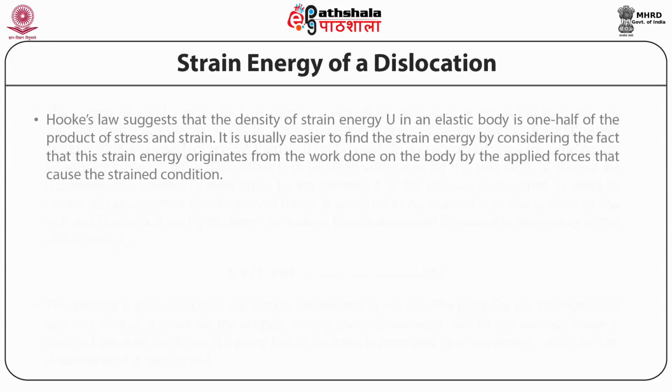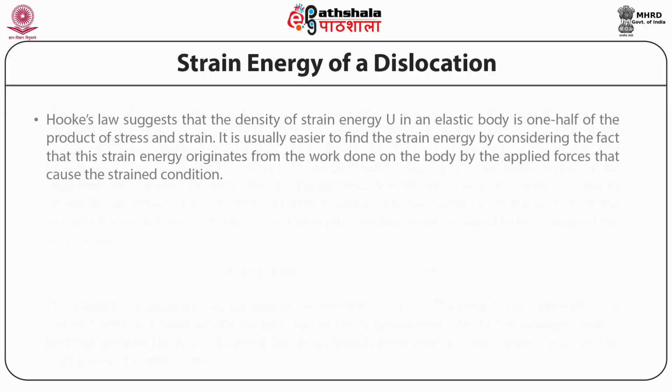Hooke's law suggests that the density of strain energy U in an elastic body is one half of the product of stress and strain. It is usually easier to find the strain energy by considering the fact that this strain energy originates from the work done on the body by the applied forces that cause the strained condition.